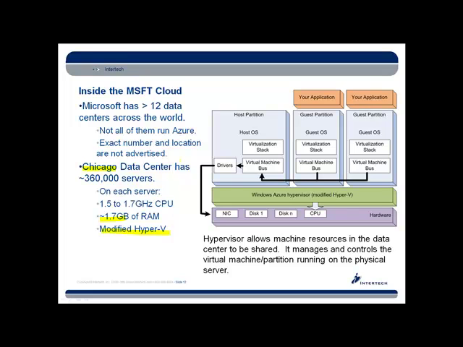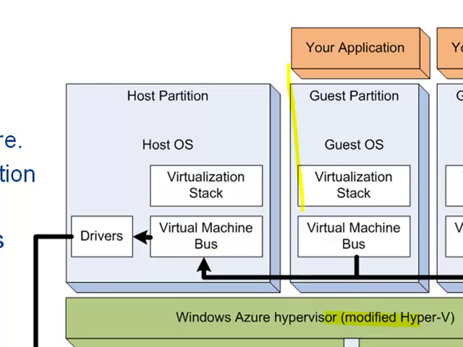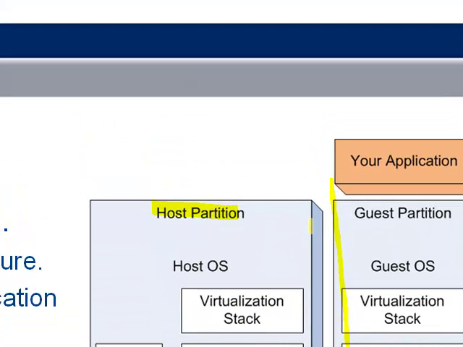So if you will, taking a look at my picture here on the screen, each server running Hyper-V allows that server to be split up into multiple what we call partitions. One of the partitions is the host partition, if you will, kind of managing the operations of that server. Other partitions are what we call guest partitions, and it's on the guest partitions that your application runs.